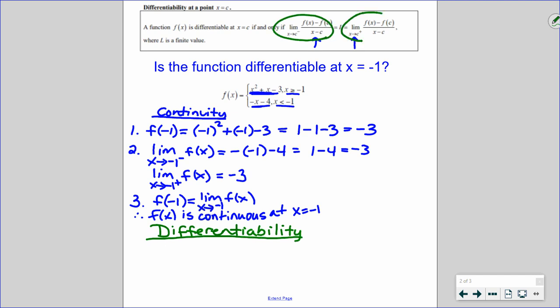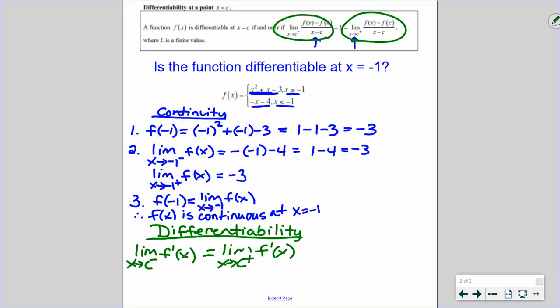So we really just need to make sure that the limit as x approaches c from the left of f prime equals the limit as x approaches c from the right of f prime. We just need to make sure that the derivatives are the same from both directions, okay? Because remember, the derivative is the limit.